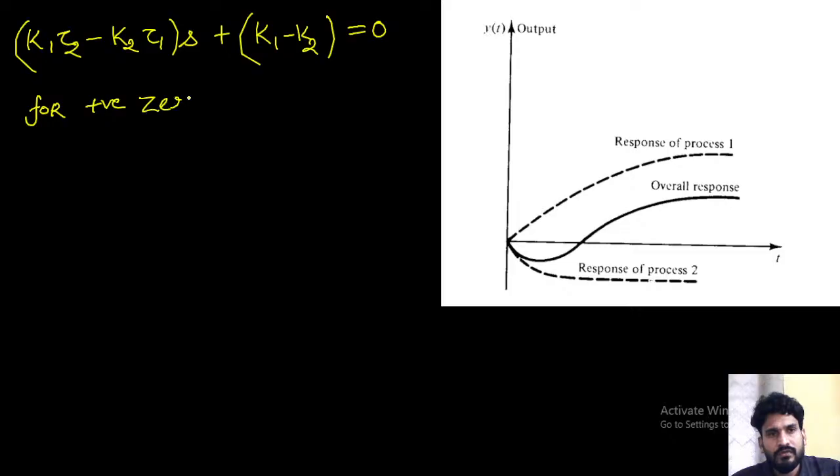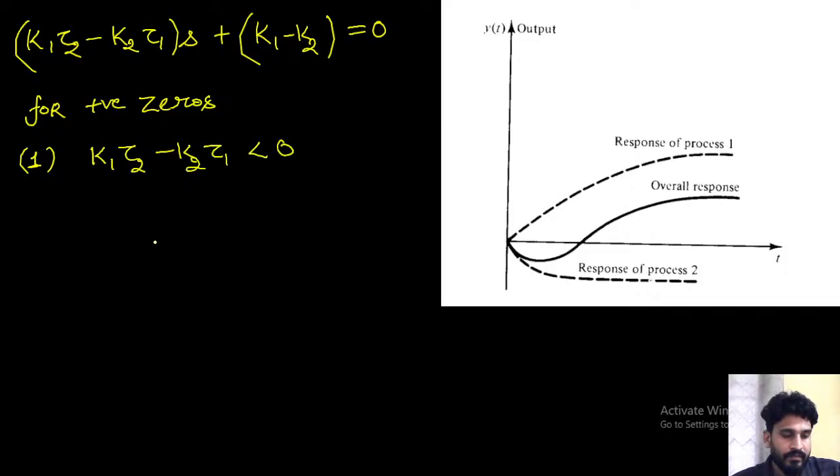Okay, and for positive zeros, the first condition must be that the coefficient of s will be negative, let's suppose. So that if it goes to the RHS, then it will become positive. So k1 tau 2 minus k2 tau 1 is less than 0. It is clear.